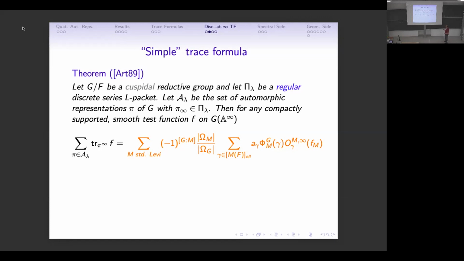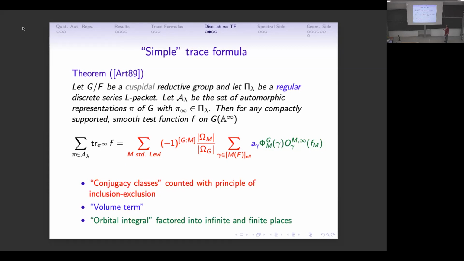This formula might look a little complicated, but it's very explicit up to these orbital integrals, and it's very similar to what I was showing before. It breaks up into the same three pieces: a sum over conjugacy classes, a volume term, and then something like an orbital integral that's factored into a part at infinity and a part away from infinity. This is the trace formula that we're going to use that makes this problem tractable and lets you probe the spectrum and get counts.